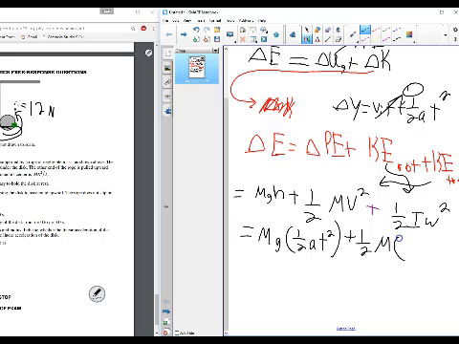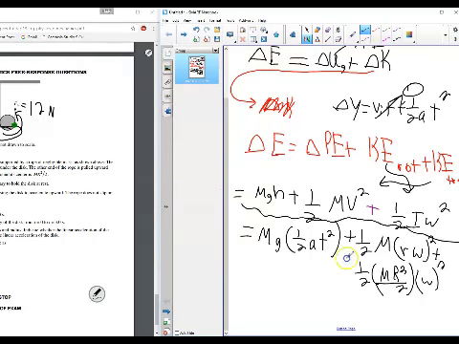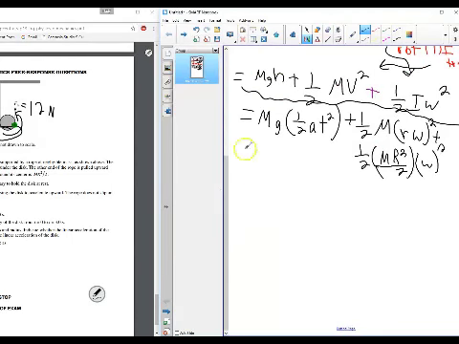W squared plus, okay, now I'm going to write this down here, 1/2 I, well, we're given that as 1/2 mr squared over 2, or you can have that as the whole thing, it doesn't really even matter. 1/2 mr squared, now W squared, be mindful that we still know W. I don't think we need to convert Greek for this. So I'm just going to separate this. Now I'm going to extend the page.